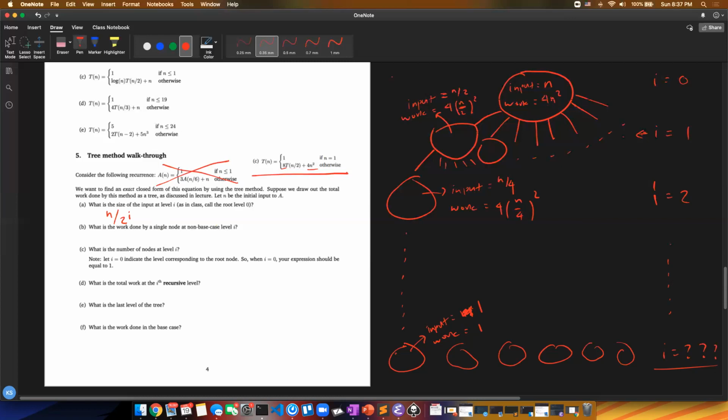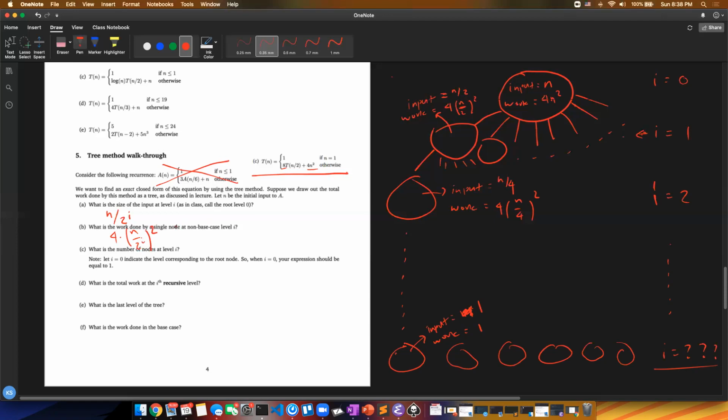It's sort of like how I derive the size of the input at level i. Well, we know that it has to be 4 times something, right? Because our work is dependent on this input, and our input is getting smaller by the ith level, this is the same thing as saying 4 times n over 2 to the i, squared, right?